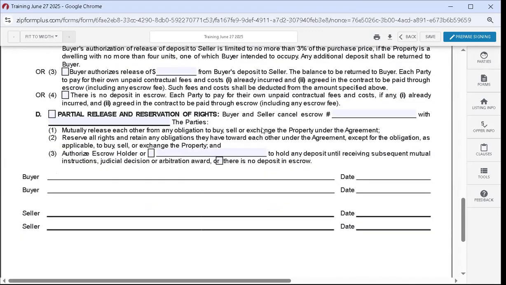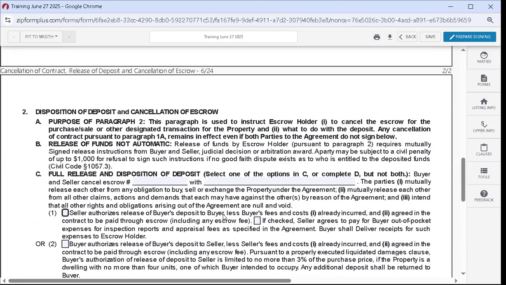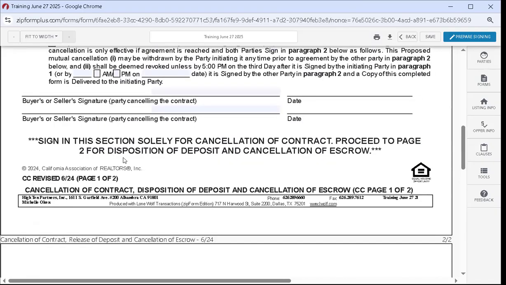And it's fairly simple. On this page, this requires the buyer and seller to sign. On the first page, it's whoever's canceling the contract. First page will only have one signature if it's not a mutual cancellation. Okay, so if you're ever doing these forms and you're not sure, just ask us. We're happy to individually help everybody.